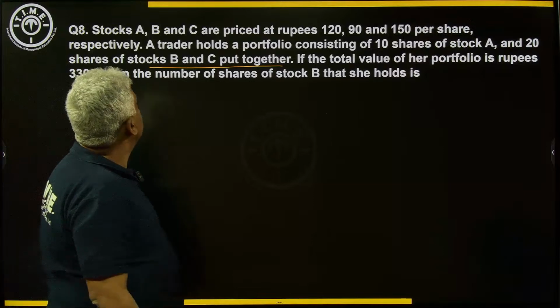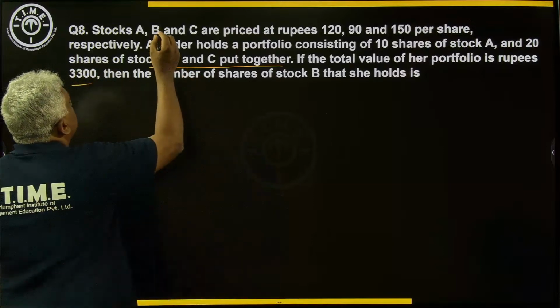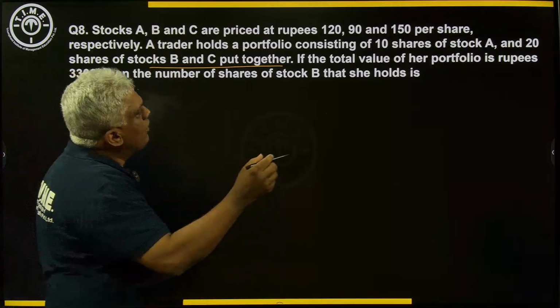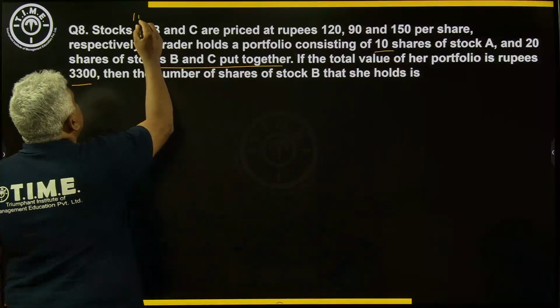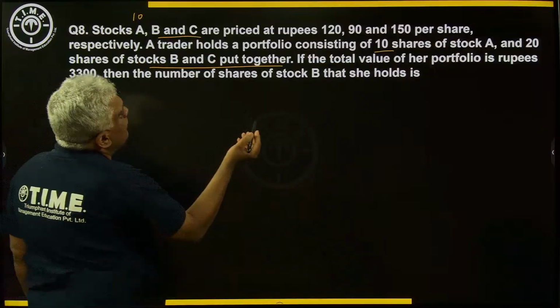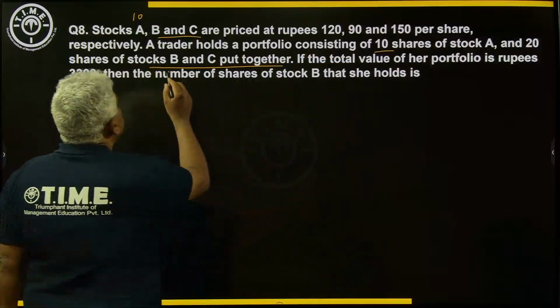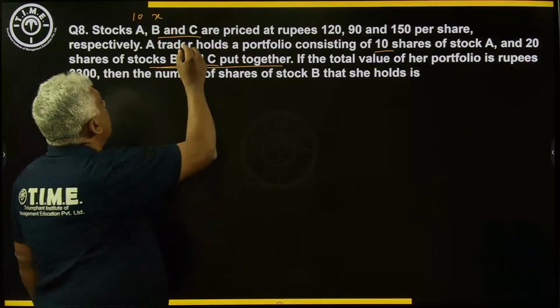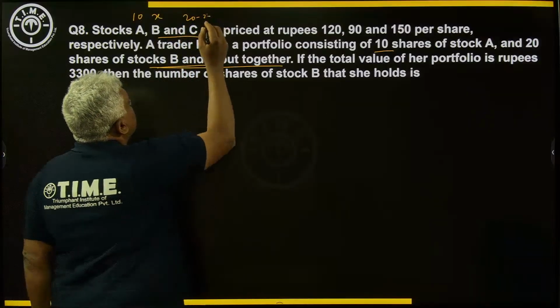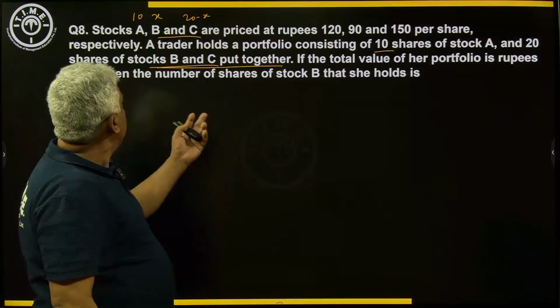Now what we can do is, A is already given as 10, and B and C together is 20. Let's say B is X and C will obviously be 20 minus X. Total value is given as 3,300.